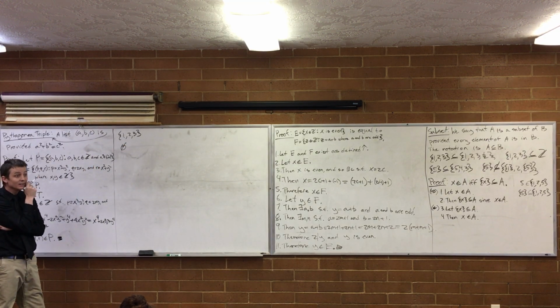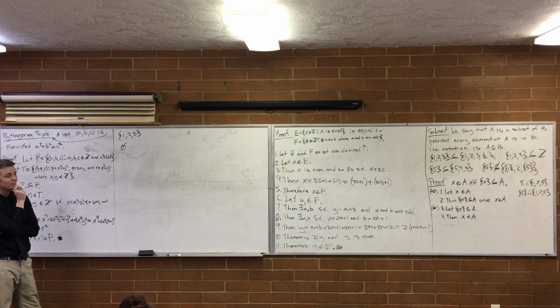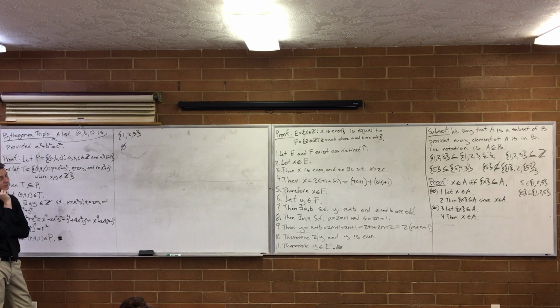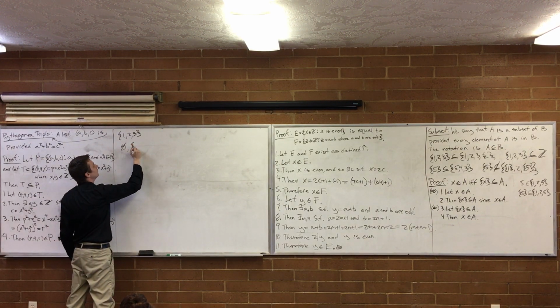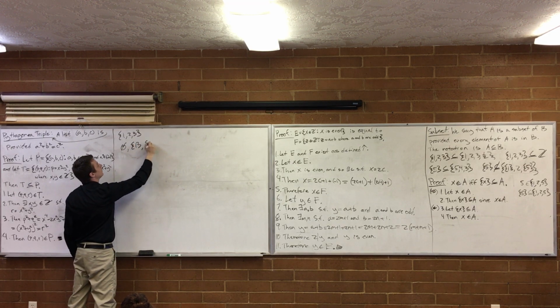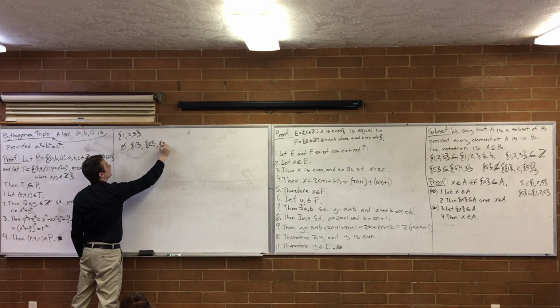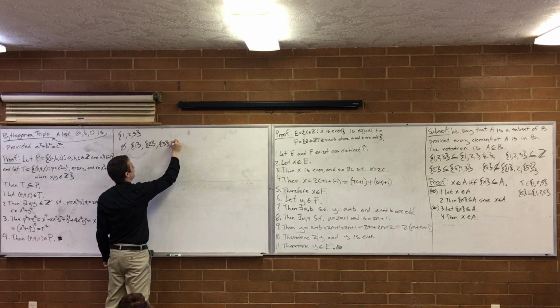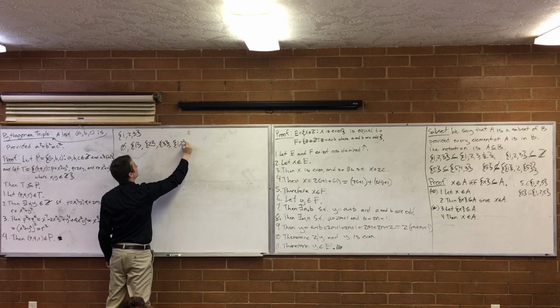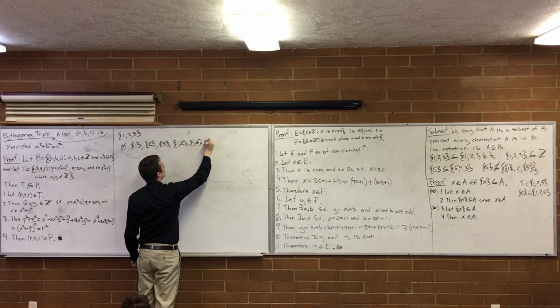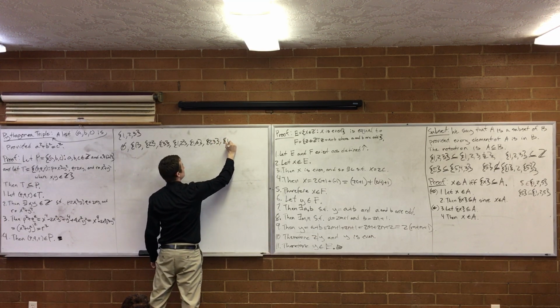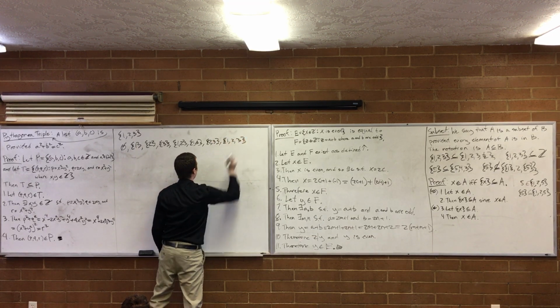8. 8? How'd you get 8? Well, we have 3, 2, 1, 3 and 2, 1 and 2, nothing, 1, 2 and 3. I might have forgotten one, but it looks like 8. There they all are.